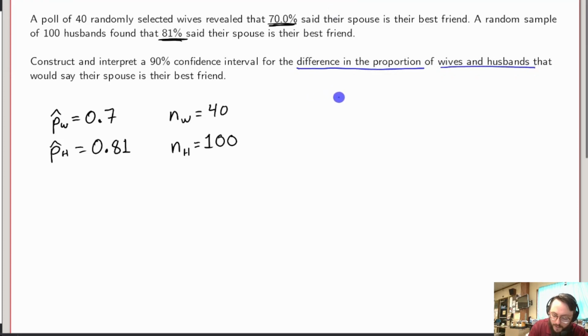So we are finding the confidence interval for the proportion of wives minus the proportion of husbands. We don't have these particular values, but we do have our sample values here.